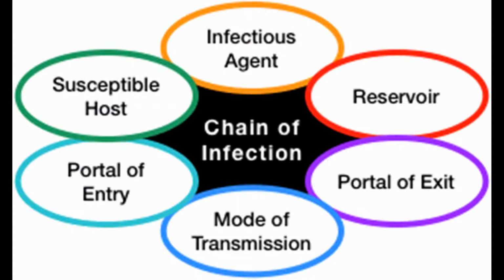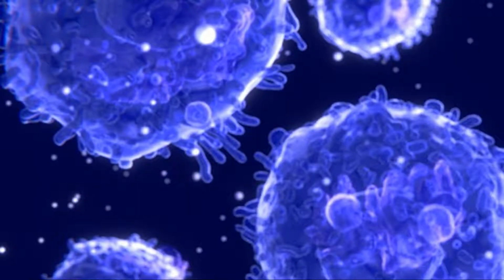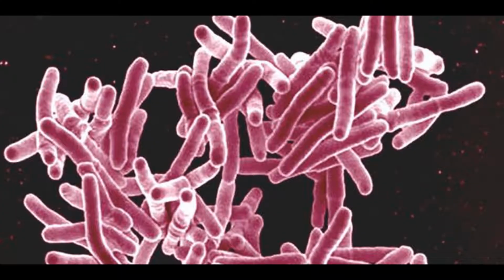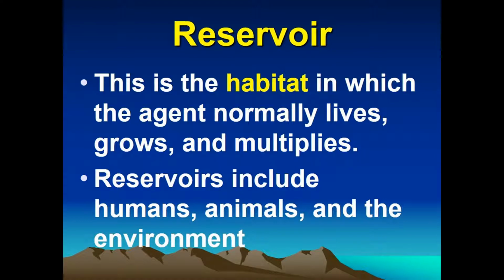So, what do you mean by infectious agent? Pag sinabi natin infectious agent, that is the pathogen or yung virus, bacteria that causes diseases. Yun po yung infectious agent. Now, the reservoir includes the habitat, if you recall, the habitat or places in the environment where the pathogen lives. Di ba? So, in episode 4, that includes what?